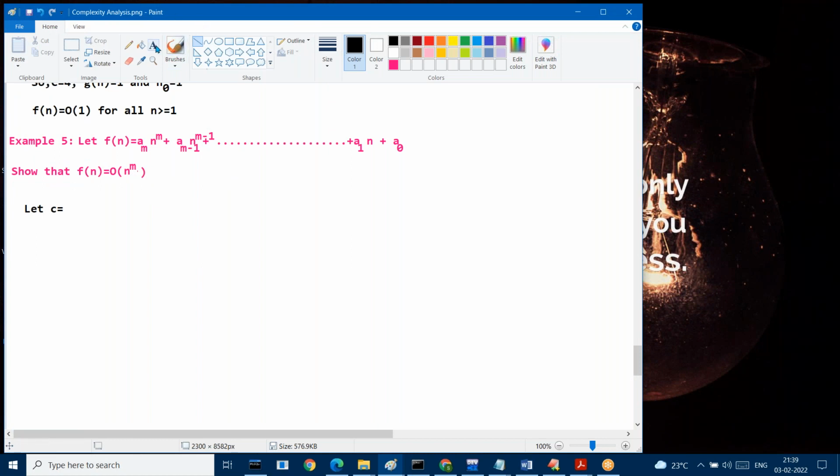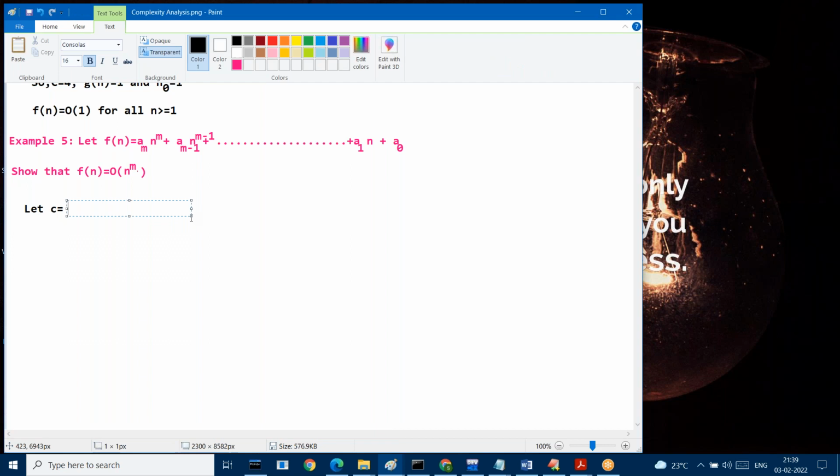So what I'm doing here, I'm writing let c, which is a constant, equal to am plus am minus 1 plus up to a1 plus a0.